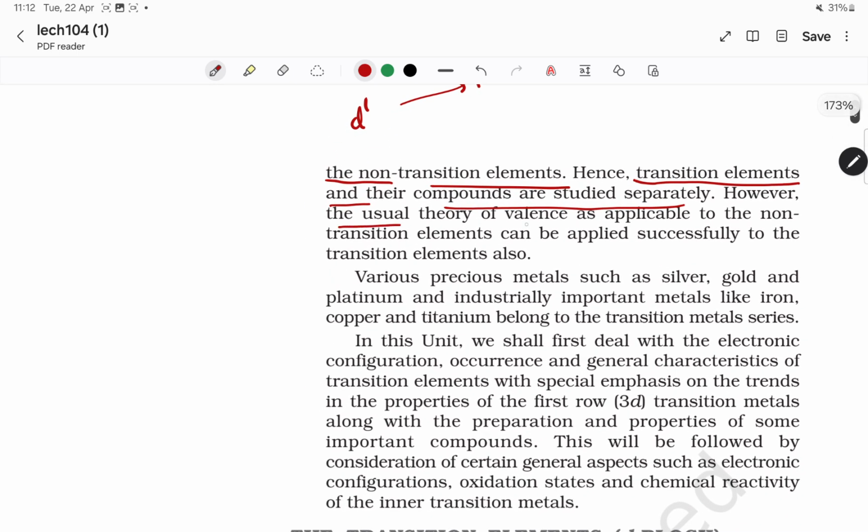However, the usual theory of valence as applicable to the non-transition elements can be applied successfully to the transition elements also.